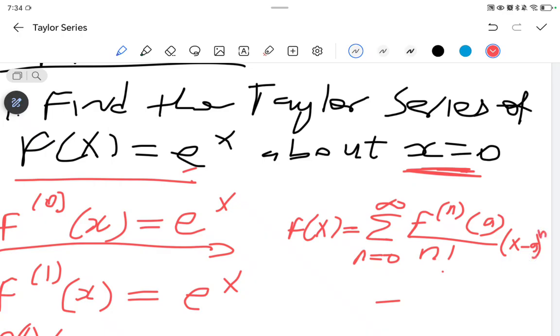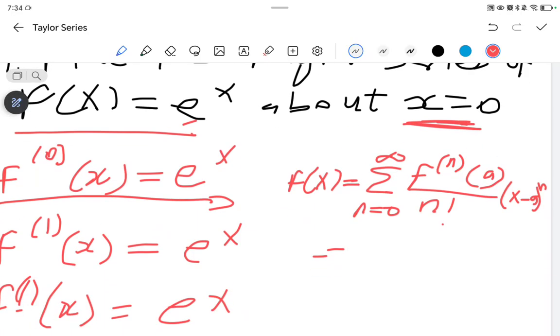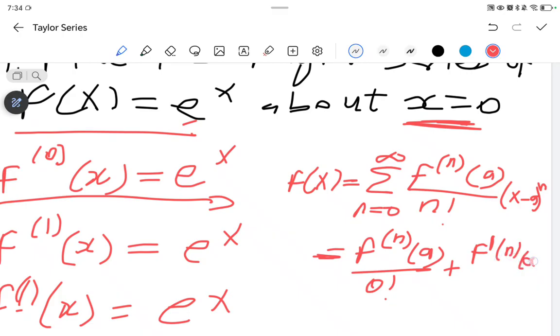So when they say x is equal to 0, okay, before I talk about x equals 0, let's come here. This would be f to the n of a over 0 factorial plus f to the 1 of a over 1 factorial.